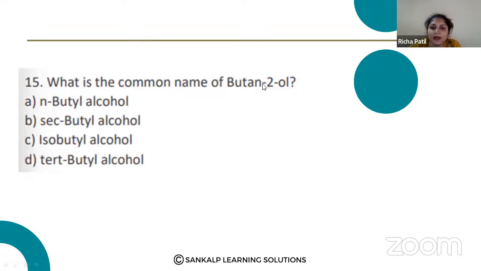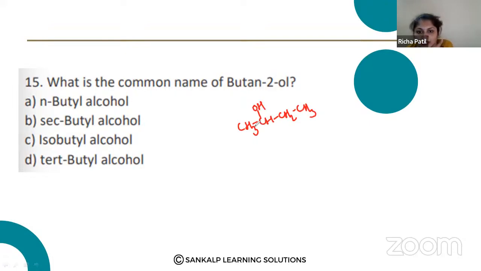What is the common name of butan-2-ol? CH3, CH, CH2, CH3. What is the common name for this? What type of carbon is this?